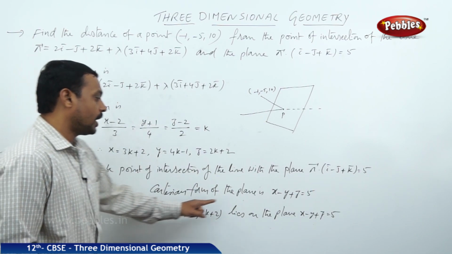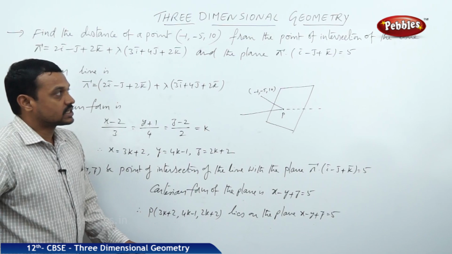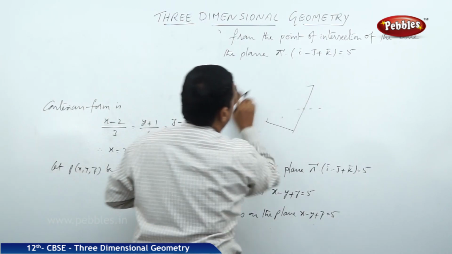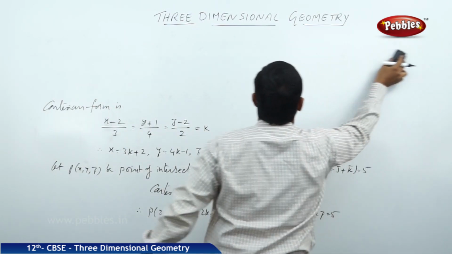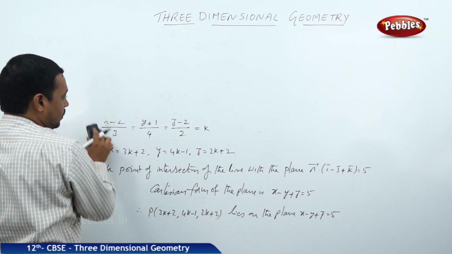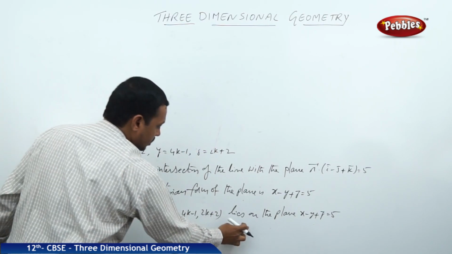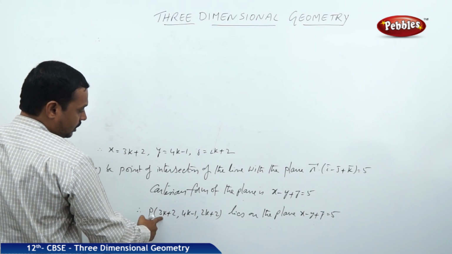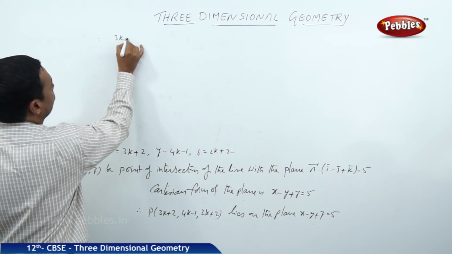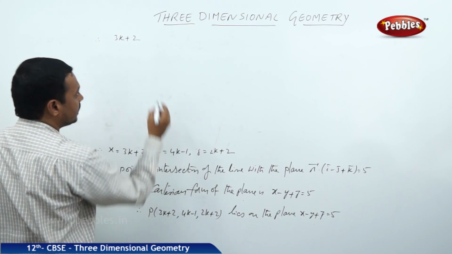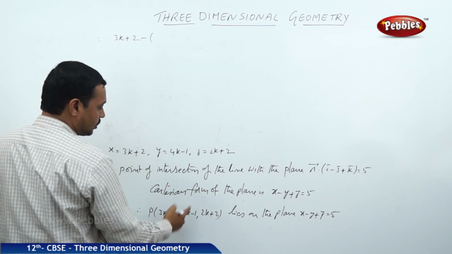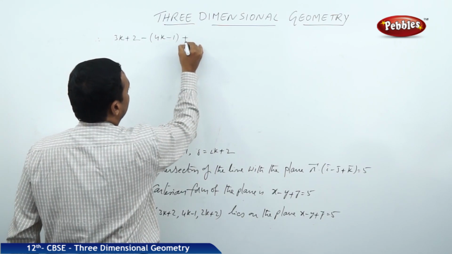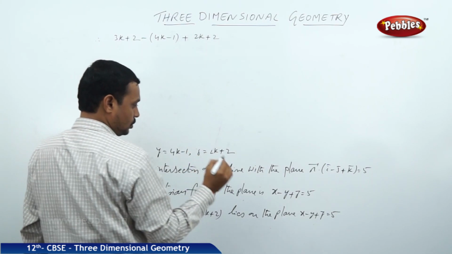Now substituting this point, 3k plus 2 minus (4k minus 1) plus 2k plus 2 is equal to 5.